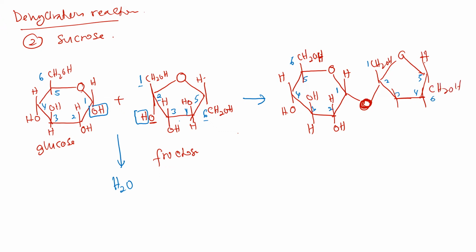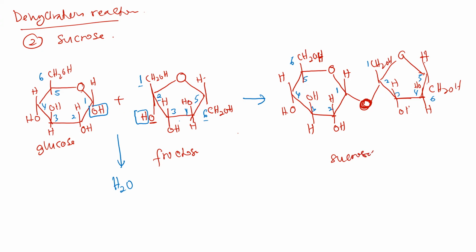Carbon number 6. OH, H. You just copy back again from the monomers. Now you have the complete structure of a sucrose.